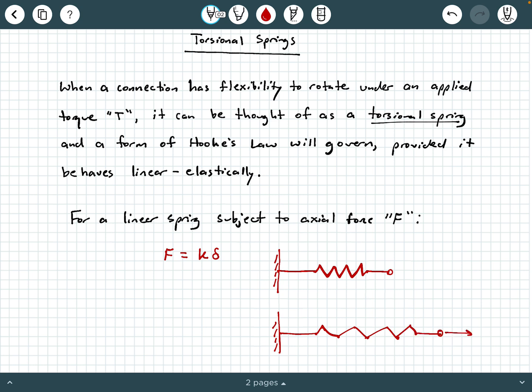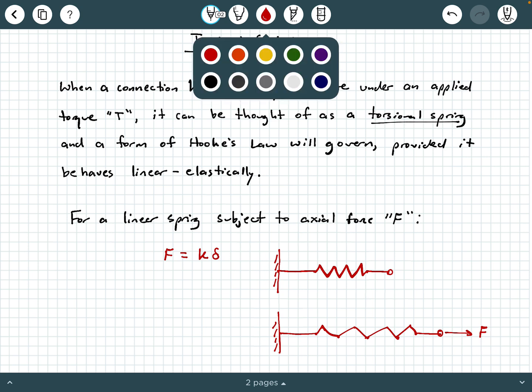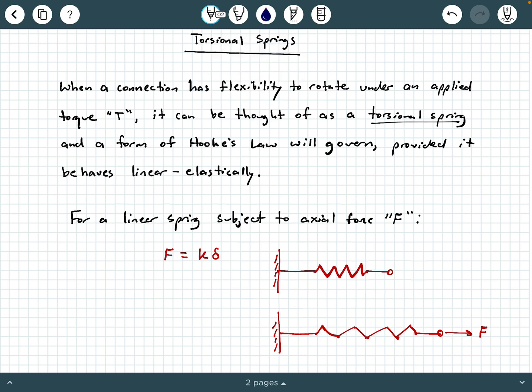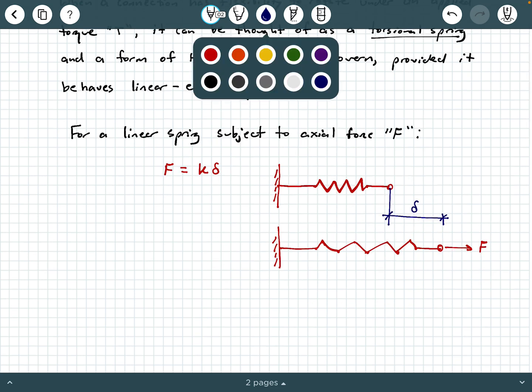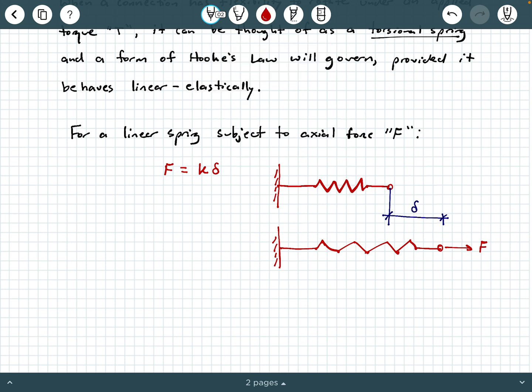So there's that force F, and we have that stretched amount, which we're calling delta. And what Hooke built here was K, what we call a spring constant. It's a proportionality constant between the applied axial force F and the amount of stretch delta, okay?